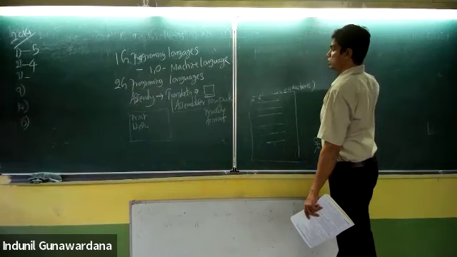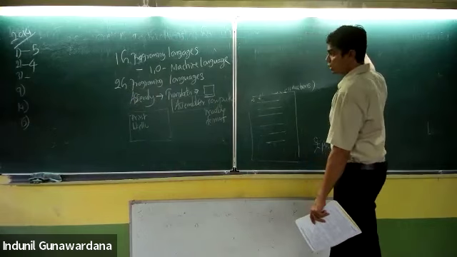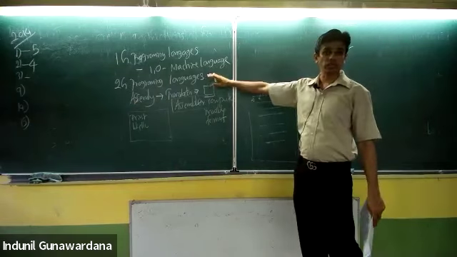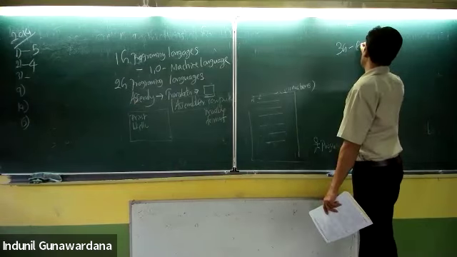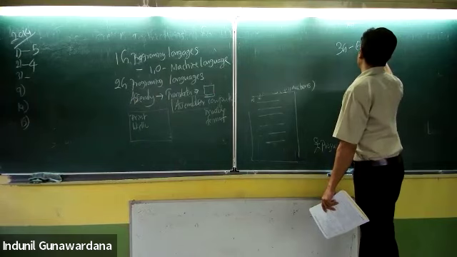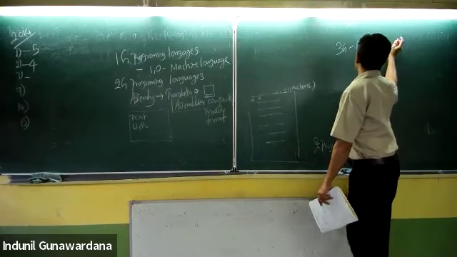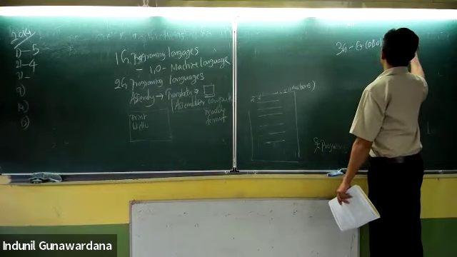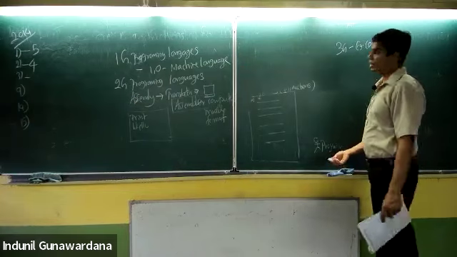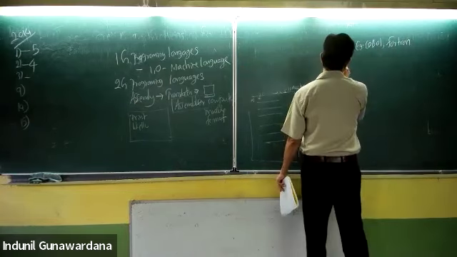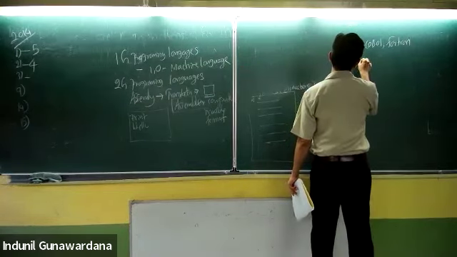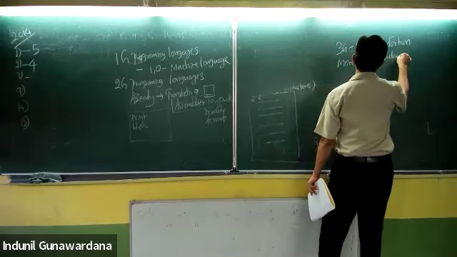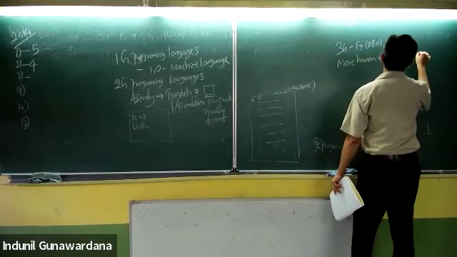Then you go to 3G, third generation programming languages. Now they are supporting more code than this. So simply we consider COBOL and Fortran. These are some 3G languages. And they are in a more human readable format.